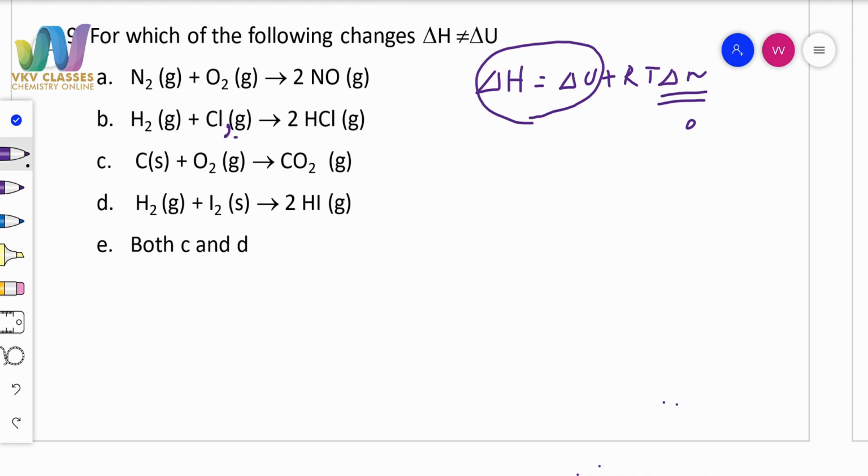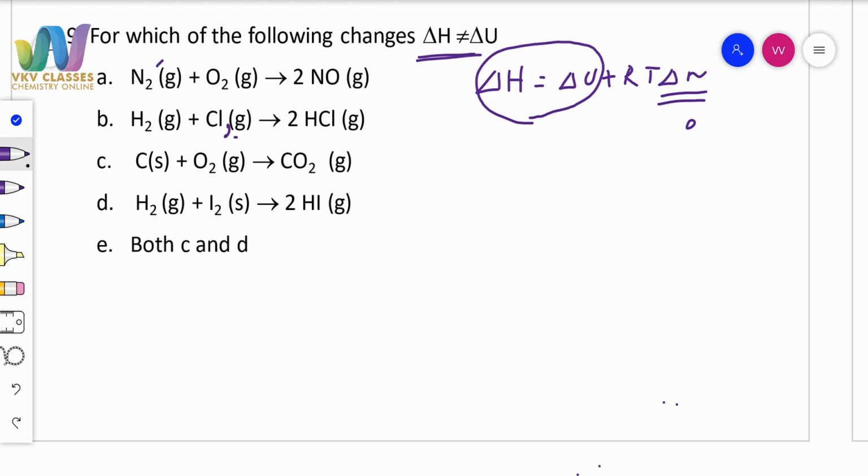If they are equal, delta H will be equal to delta U. We are asked to find out the equation where delta H is not equal, so the number of gaseous reactants should be different from the number of gaseous products. Then only delta H will not be equal to delta U.